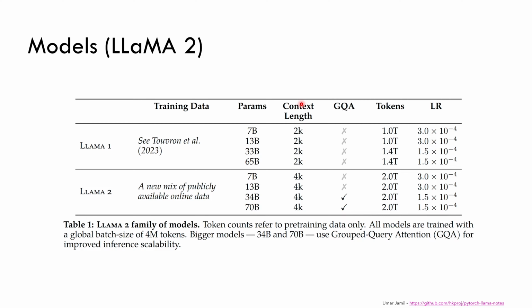And the number of tokens upon which the model has been trained is also doubled, from 1 to 2 trillion for each size of the model, while the parameters more or less remain the same. Then we have this column here, GQA, that indicates that these two sizes of the model, the 34 billion and 70 billion, use the grouped query attention, and we will see how it works.